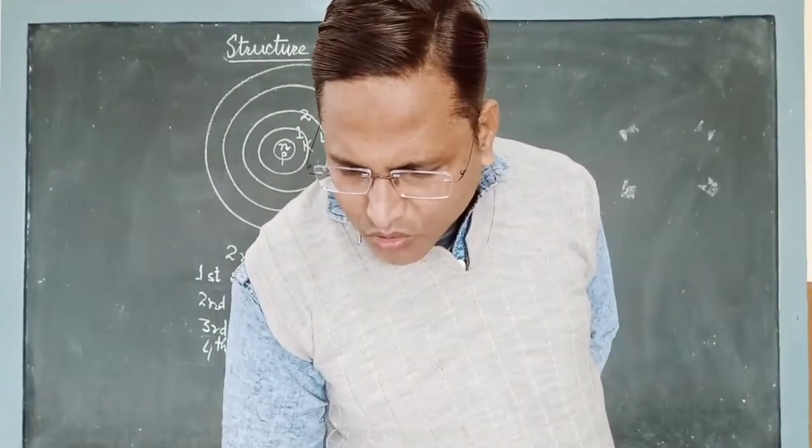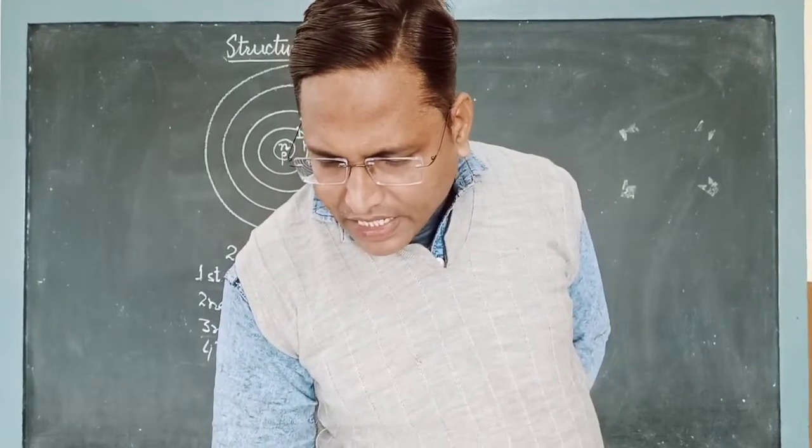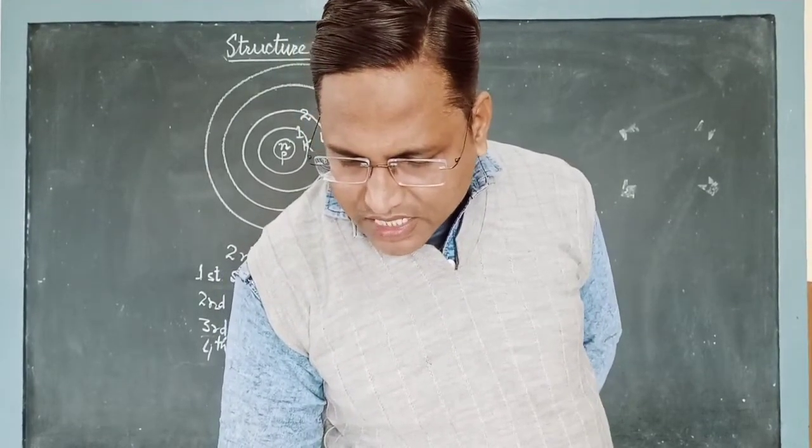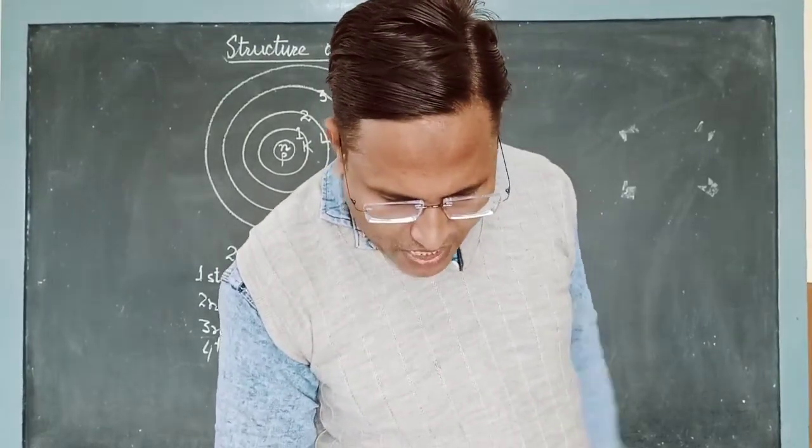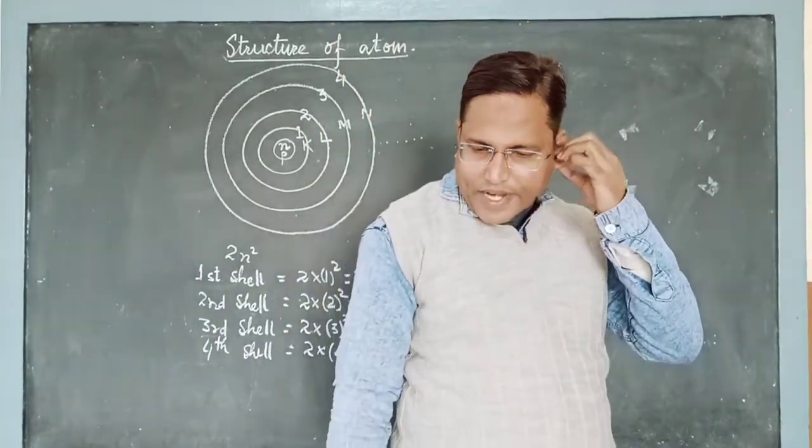Next we have: electrons in an atom do not occupy a shell unless all the previous shells are completely filled. This is what is given in your book. So we will see the electronic configuration of the first 20 elements.